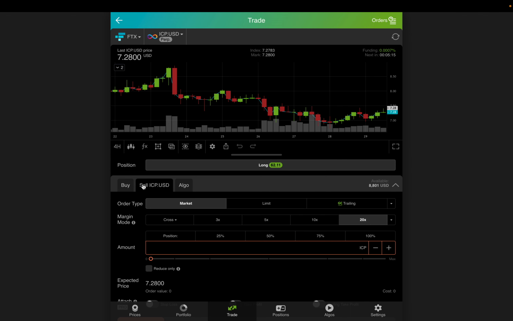All you have to do now to close it is choose the sell option, and here you see there are shortcuts of this order size in relation to this position. If I have a position of 62 ICPs and I want to sell half of my position, all I need to do is choose 50%, and you can immediately see that half of my position is pre-filled here.